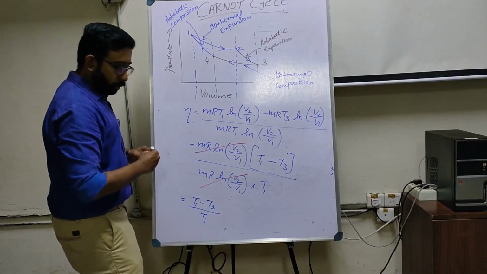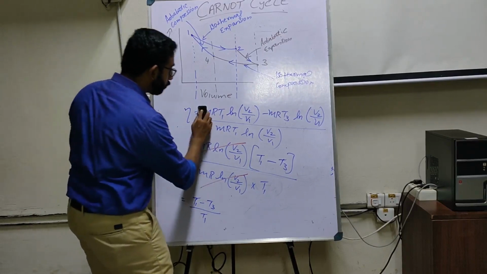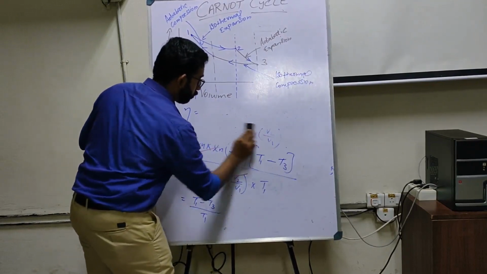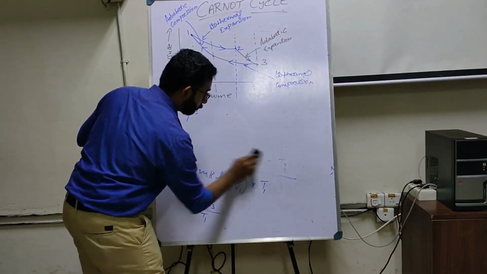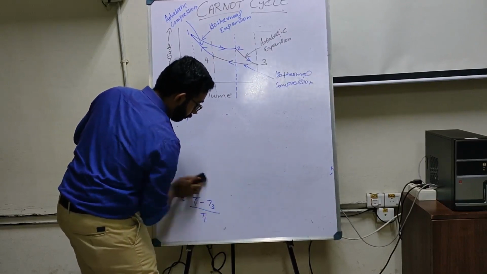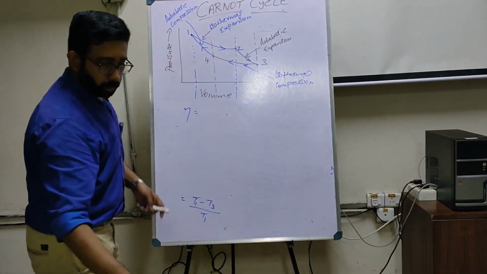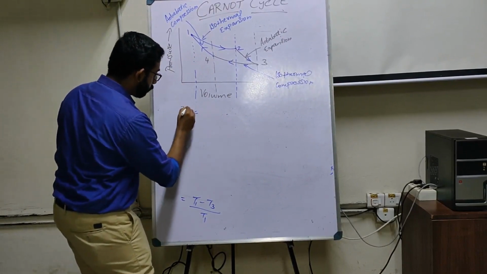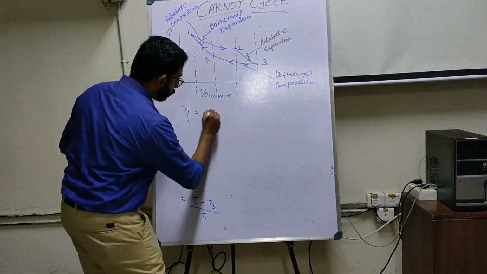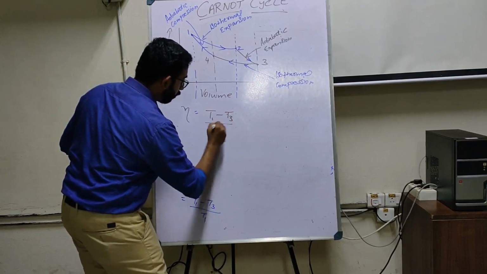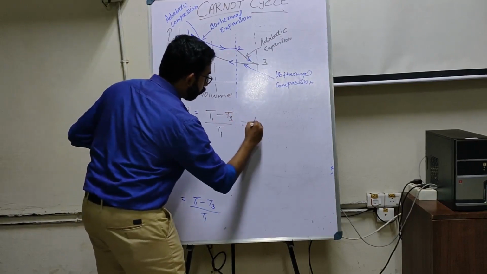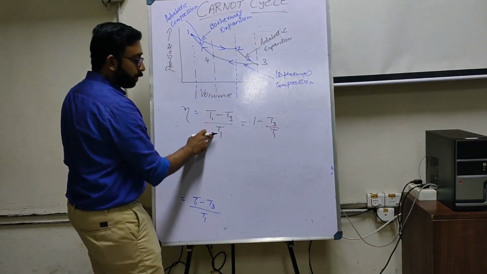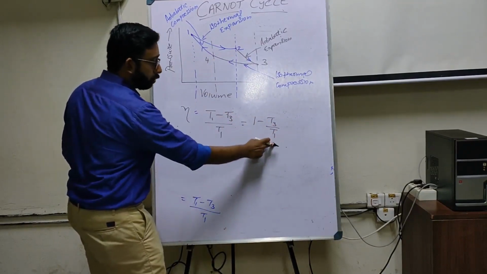Okay, so I can again rewrite the expression as eta is equal to T1 minus T3 by T1. This can be written as 1 minus T3 by T1. T1 by T1 will be 1, and minus T3 by T1.